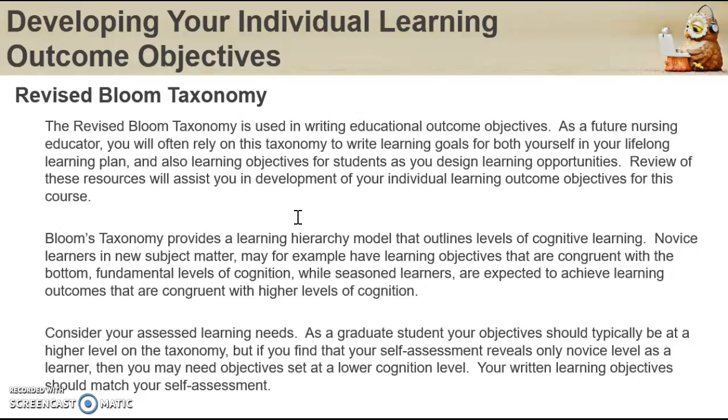They may be just at the level of basic memorization of a particular type of patient care versus being able to really determine when the care needs to be changed based on changes of condition. Just to give a few examples, and we'll go through one specific one that makes this a little clearer in just a minute.